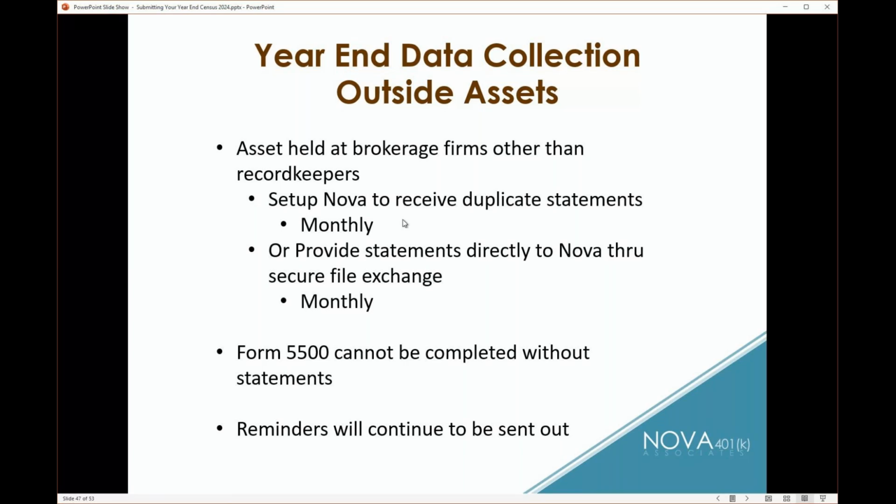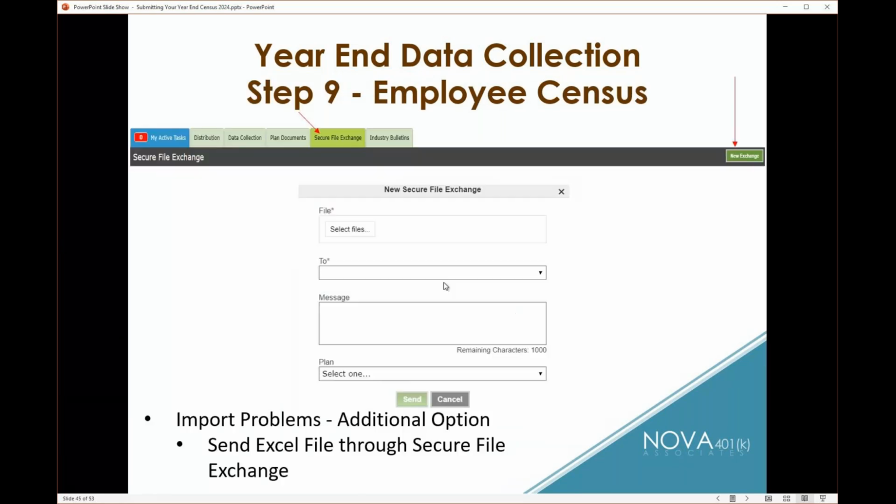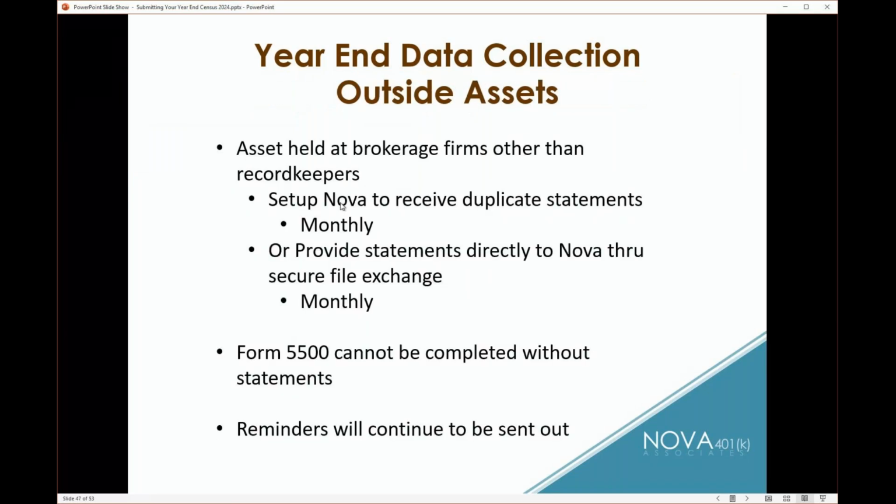Your Nova account manager can give you that information to provide to your brokerage firm to get us set up to receive duplicate statements. And until those duplicate statements are set up, please provide those statements to Nova through our Secure File Exchange. So that's another way that you can use this portal tab to help provide information to us.